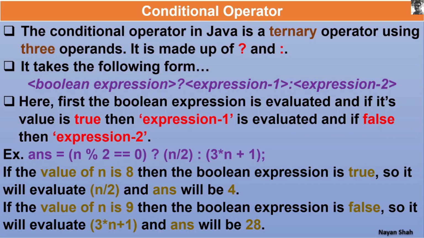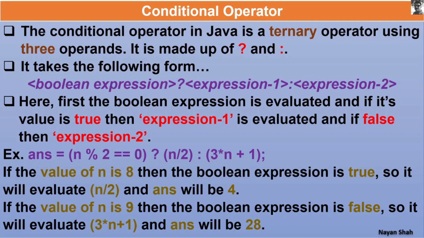For example, answer = n % 2 == 0 ? n / 2 : 3 * n + 1. Now what are we doing here? If the value of n is 8, put 8 in place of n. Then 8 % 2, remember the percentage operator is for finding the remainder.